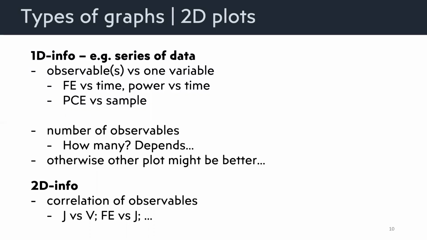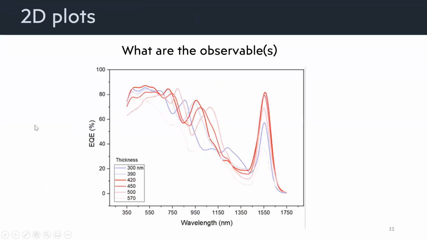So you can focus on a smaller number of observables in one plot, and then develop a more complex plot, understanding more correlation between different observables, such as current versus voltage, Faraday efficiency versus current, or this kind of thing for different samples. So in this nice plot from Maral, who I think is in the audience, can you tell me which are the observables?